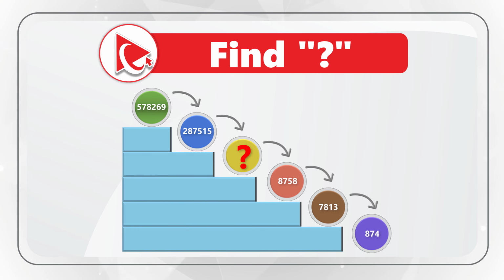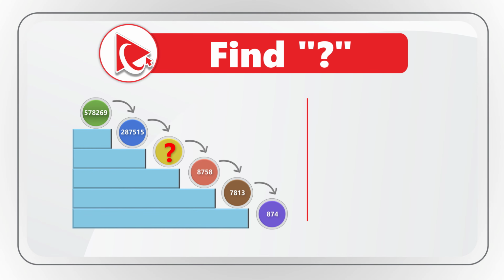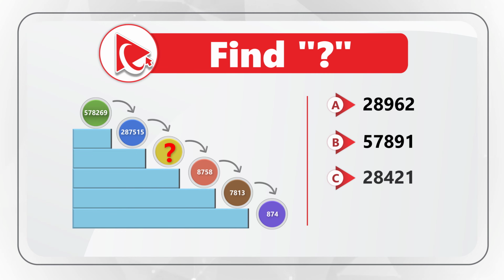We need to calculate the missing number and select out of 4 possible choices. Choice A, 28,962. Choice B, 57,891. Choice C, 28,421. And last but not least, choice D, 57,826.